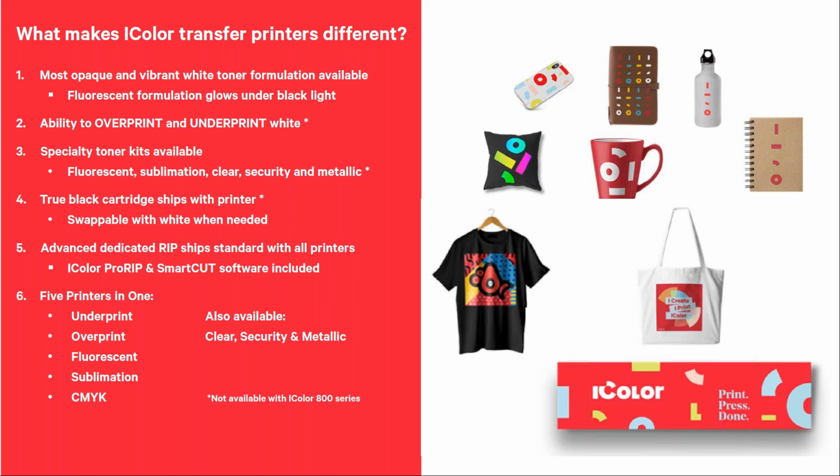The specialty kits, what I wanted to talk about as well. So you can take, let's say it's an iColor 560, and I'll get into the models in a moment. The 560 is the smaller letter size or A4 size printer, but it is completely swappable with different types of toner kits to allow you to do different projects and basically convert your whole printer into something else. So it comes configured as a white toner printer.